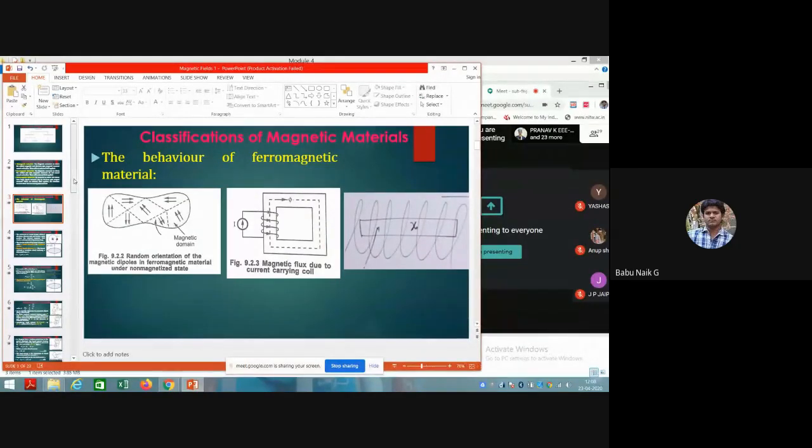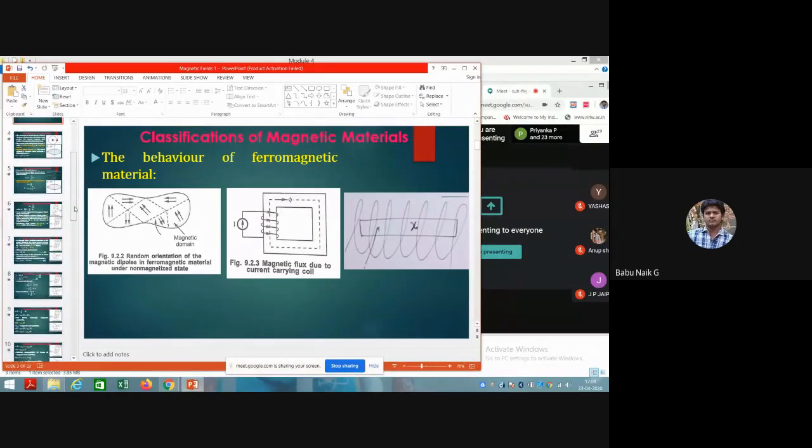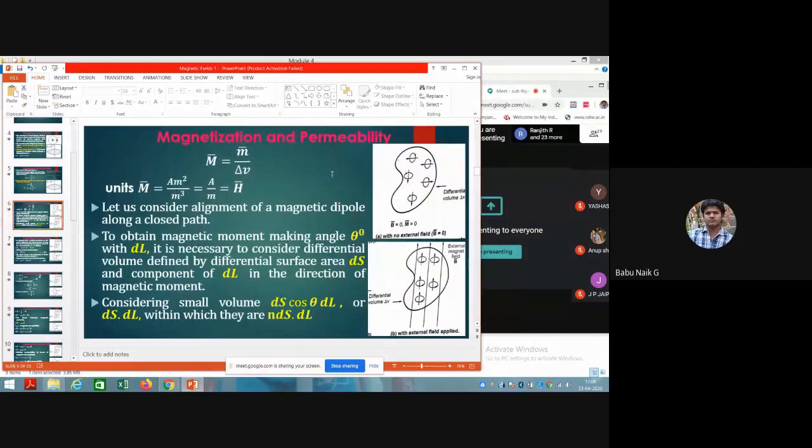And then with the same thing, considering this ferromagnetic material, we have gone to magnetization and permeability. With the same material, any ferromagnetic material, without applying the external source, this is the behavior of the material, with random directions.